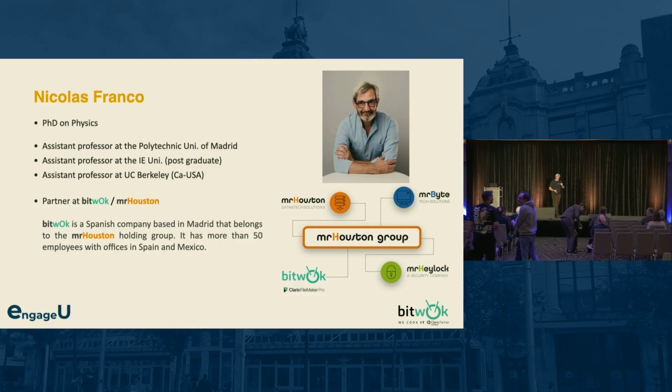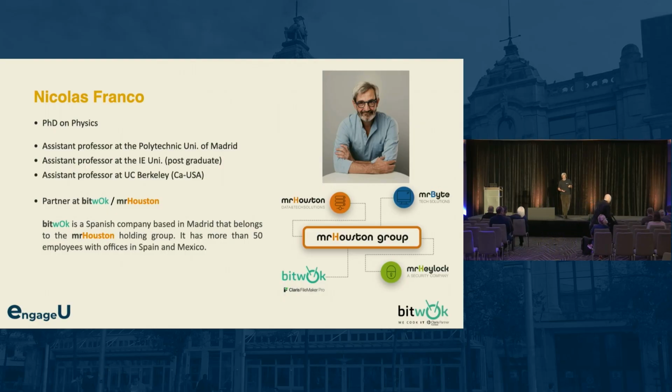I am a partner at Bitwalk. Bitwalk is a company that is part of a bigger company, Houston. We have different departments, and we have a specific department for working on FileMaker, for more than 25 years. So we are able to really mix different technologies because we have an AI-specific department, very technical, very mathematical.